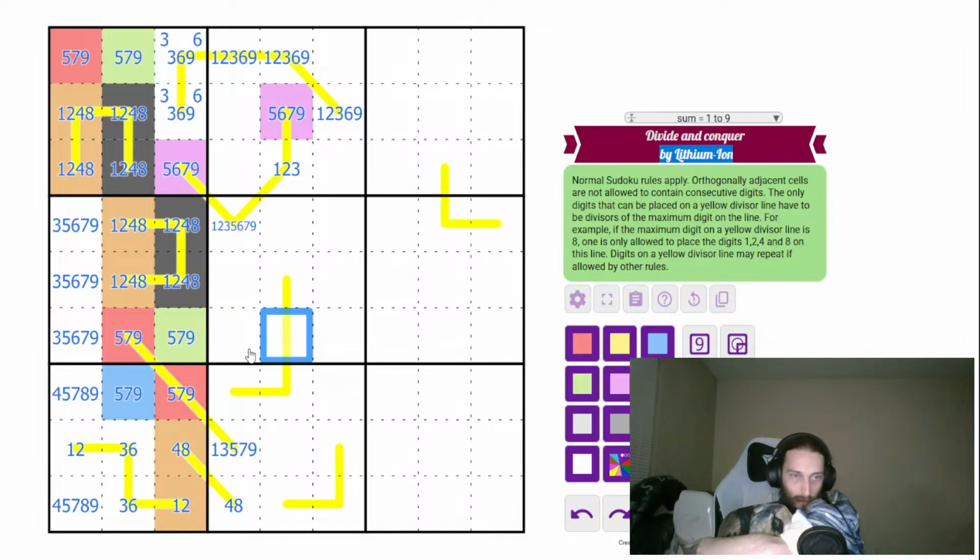This is a bit annoying. Well, okay. Look at the yellow in row 1.